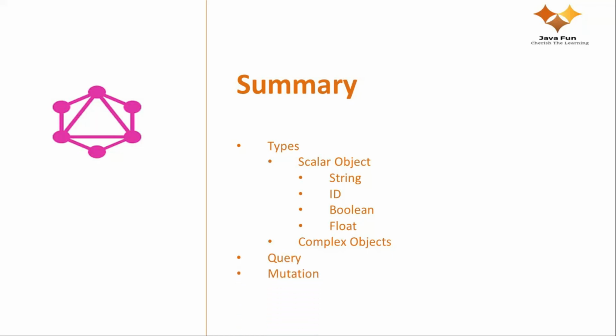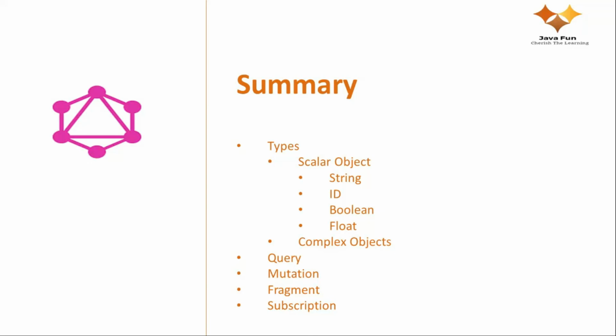We have not touched on mutation and subscription yet. Fragment we have seen, but when we create our own API, we'll be able to modify our resources at that point. We'll be touching on the mutation and the subscription part, but the concept remains the same.